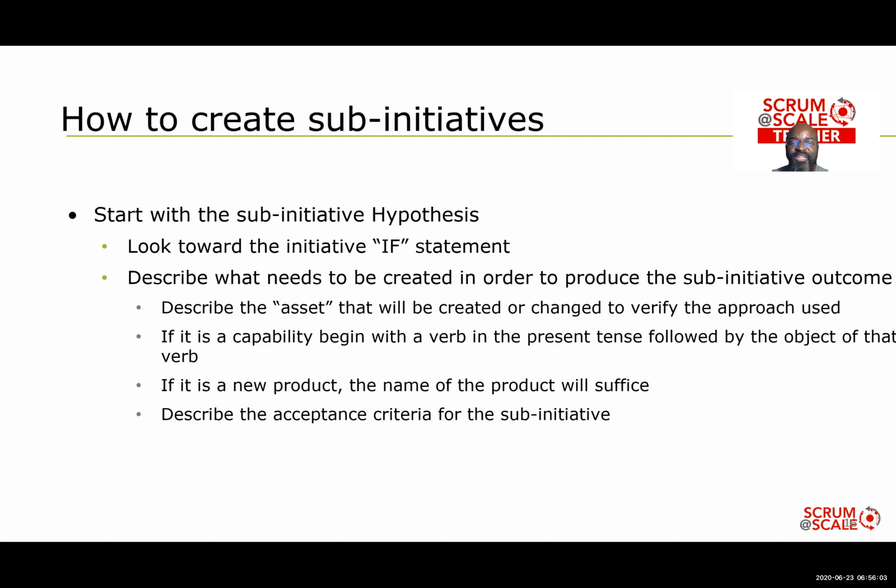Well, when we create this office, we created the initiative, and we created acceptance criteria. So sometimes the easiest way to create our sub-initiatives is to look at the acceptance criteria that exists for a given initiative and just try to build one or two of the acceptance criteria.